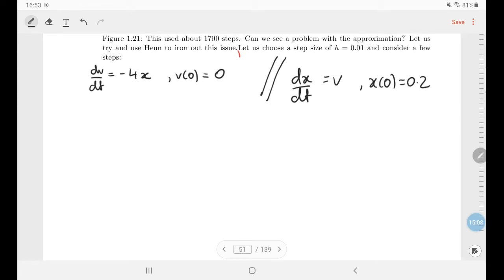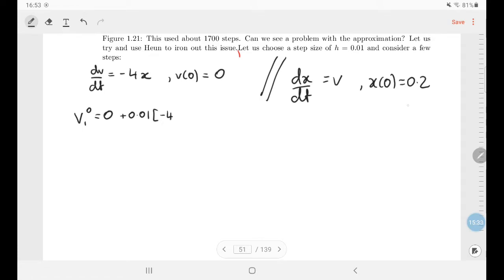Right, so we need to get two predictors. Okay, so v1 predictor, now I won't be writing down what these are approximating. It's kind of obvious because we're going in steps of 0.01. So the v1 predictor is equal to the previous v value, which is 0, plus the step size, 0.01, times the previous slope, which is minus 4 times x.